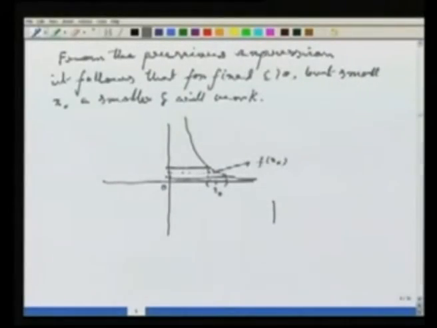Now let us draw another copy of this picture. This is the y-axis, this is the x-axis. The graph of the function looks like this. Now let me choose x naught here. That means I have chosen a smaller x naught. Then this is my f(x naught).